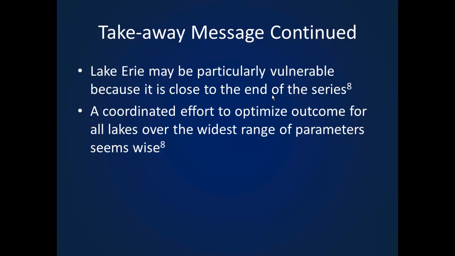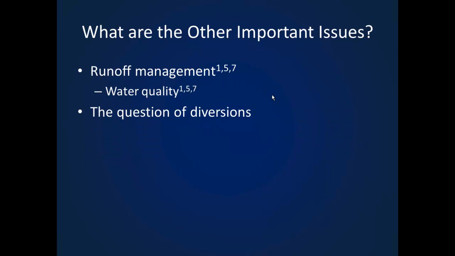So what's necessary here is a really coordinated effort across the entire basin to take this approach and average out the effects so that you optimize the effects for all 5 lakes over the widest possible range of climatic variables, because there's uncertainty.